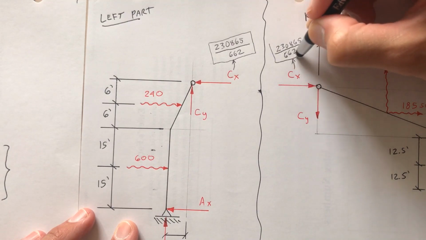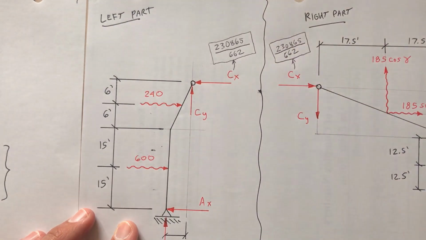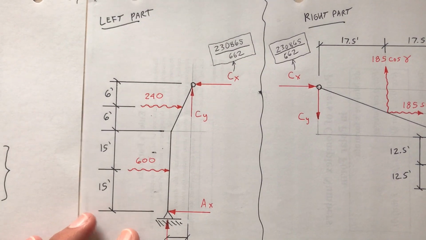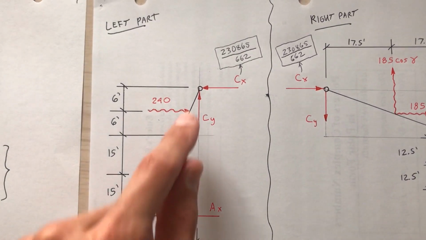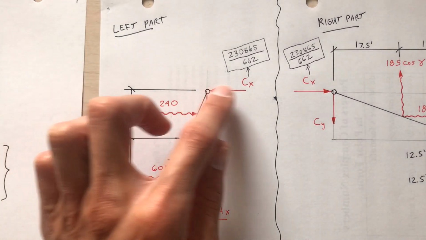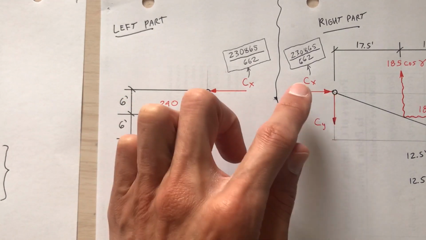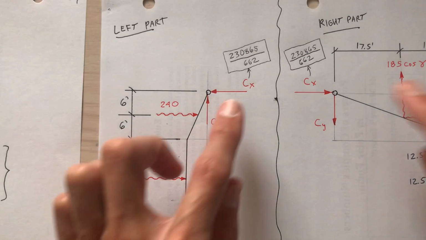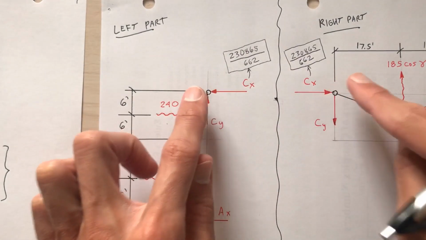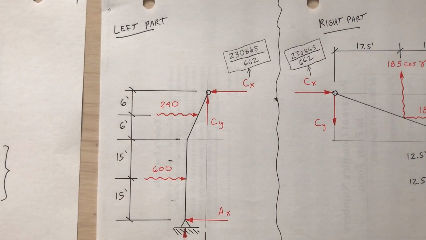Remember Newton's third law? For every action, there's an equal and opposite reaction. So notice that if I analyze the left, I've got C sub x pointing to the left. If I'm analyzing the right portion, I've got it pointing in the opposite direction. So the C sub x's are opposite of each other.